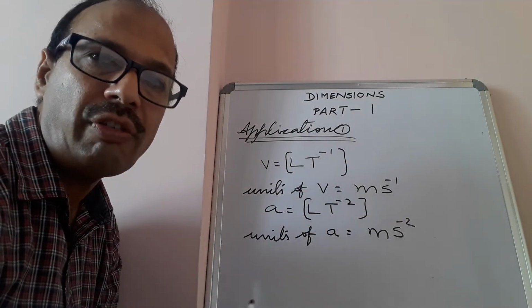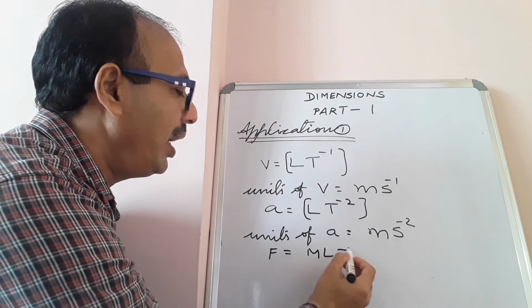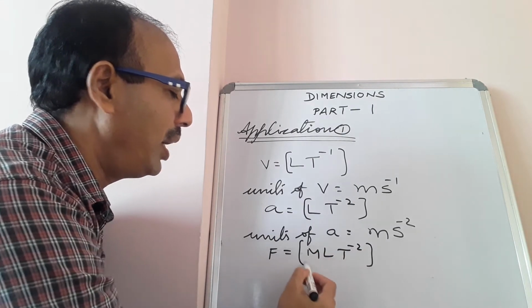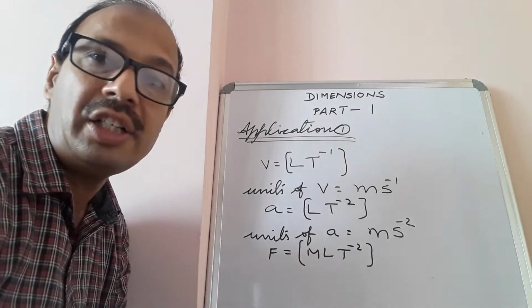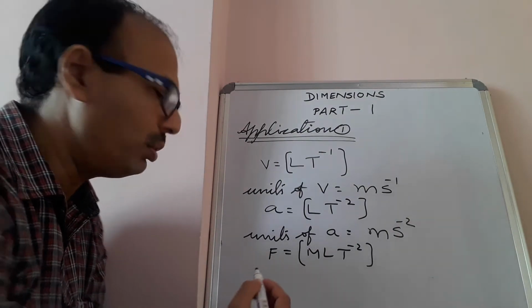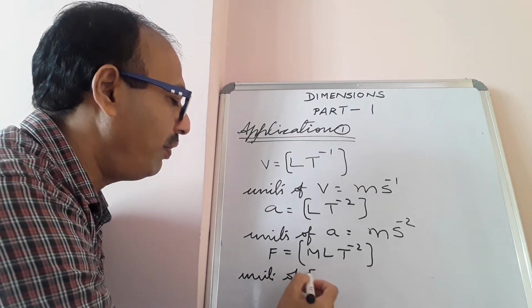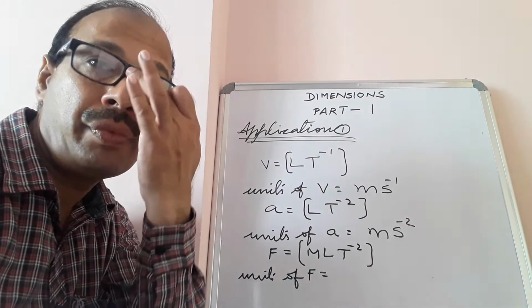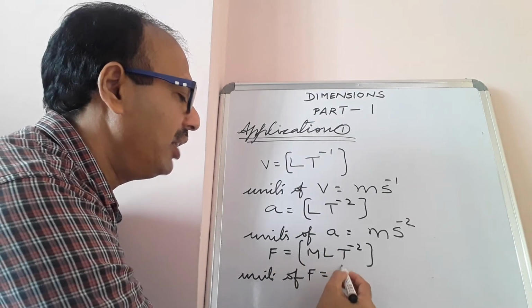Similarly, units of force. M L t power minus 2. Mass into acceleration. So M L t power minus 2. Now we can write down the units of force. Now, what is the unit of mass? Kg.